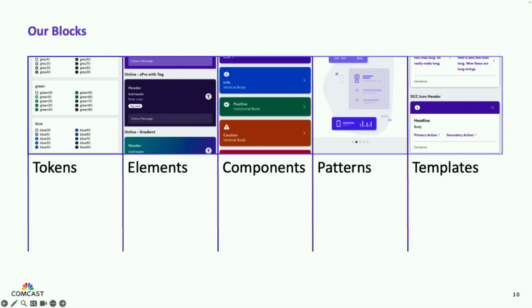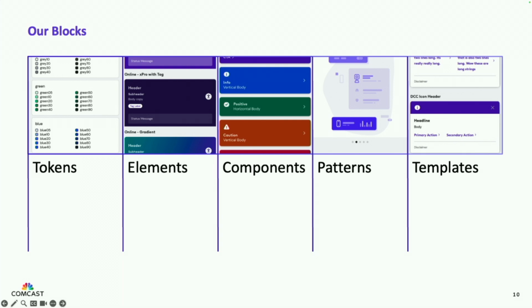So here are our blocks. Tokens: color, spacing, typography. They're just constants that define a consistent look for our components. Hopefully you got to catch Arash's talk earlier. It was awesome. We thought it was great, but we're not going to dive that deeply into tokens.